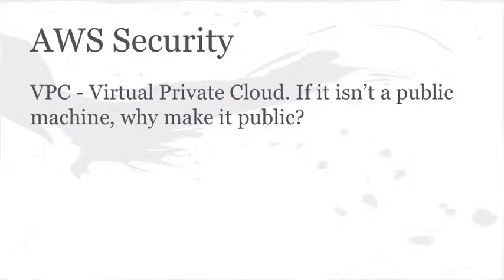There's another topic here, VPCs, virtual private clouds. These are super easy to set up on AWS. But if it's an internal resource and it only needs access to maybe some other machines, or it doesn't need access to the internet, or it shouldn't have inbound access from the internet, don't make it public. It doesn't make sense for it to be out there. You can create tons of subnets and specifically routed groups in VPC. It's super easy to set up.